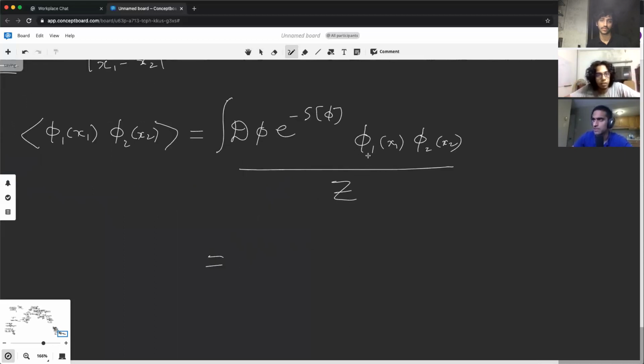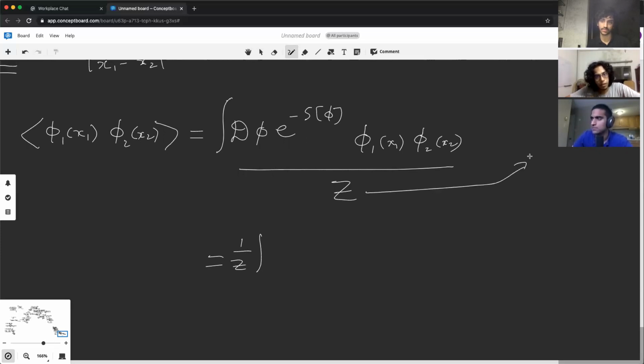So how you do this is there's usually some tricks, and the neatest trick is this one. Okay, so I'll go through the steps. I'll write this. So 1 over Z is just a normalization.